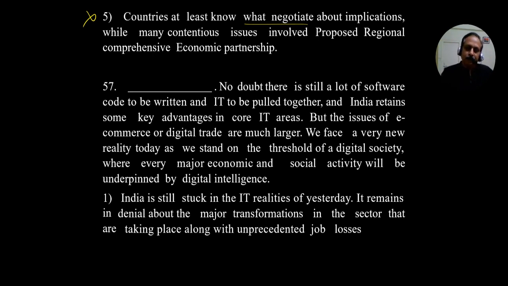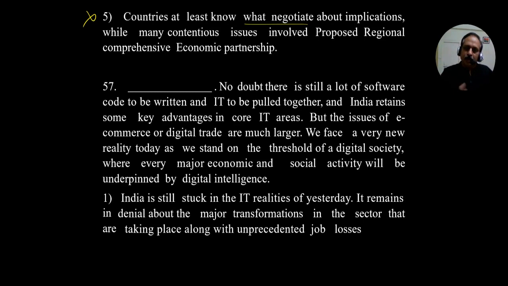Now 57. No doubt there is still a lot of software code to be written and IT to be pulled together, and India retains some key advantages in core IT areas. But the issues of e-commerce or digital trade are much larger. We face a very new reality today as we stand on the threshold of a digital society, where every major economic and social activity will be underpinned by digital intelligence.